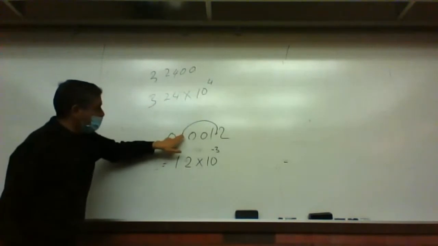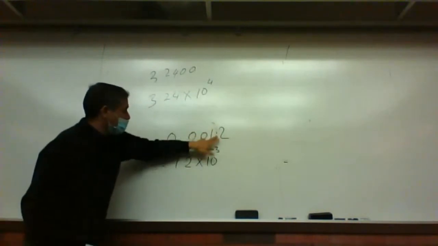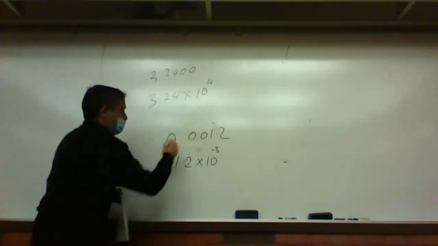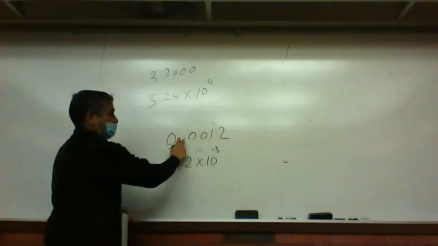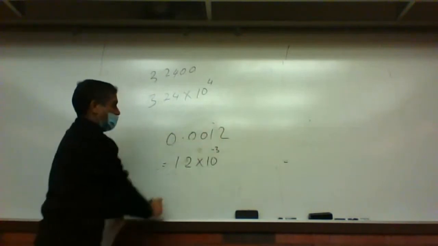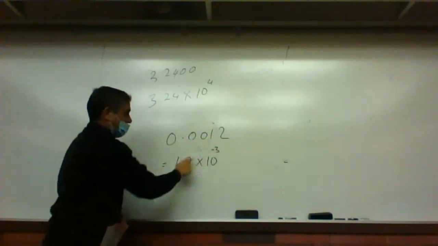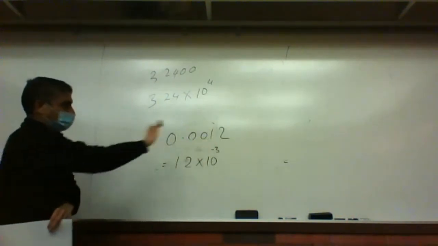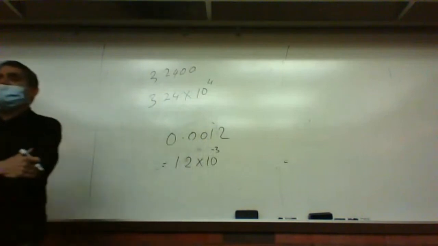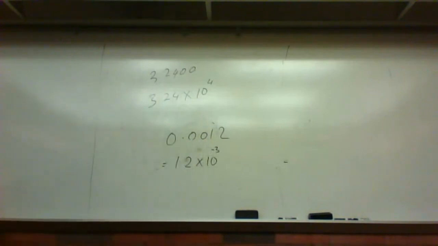Now, if the number is given like this, 0.0012, and you want to push this decimal backward to get 1.2, start counting from here, 1, 2, 3. How many steps you push the decimal backward, that's going to be the minus. Make sense? If you push the decimal backward, you put the minus on top.